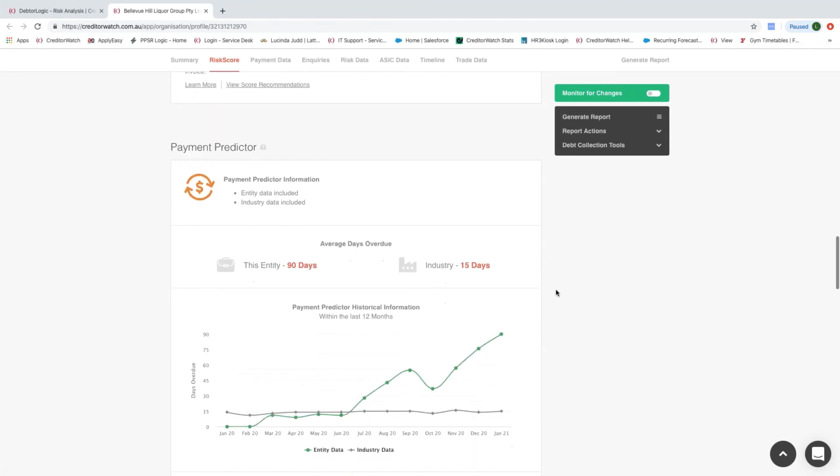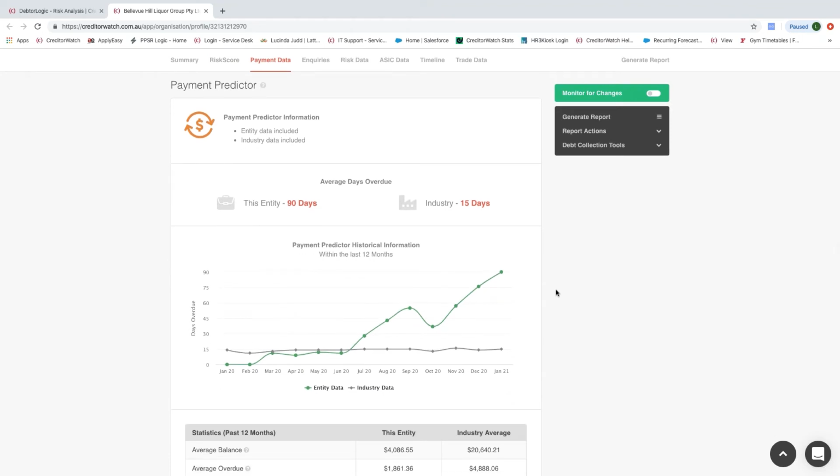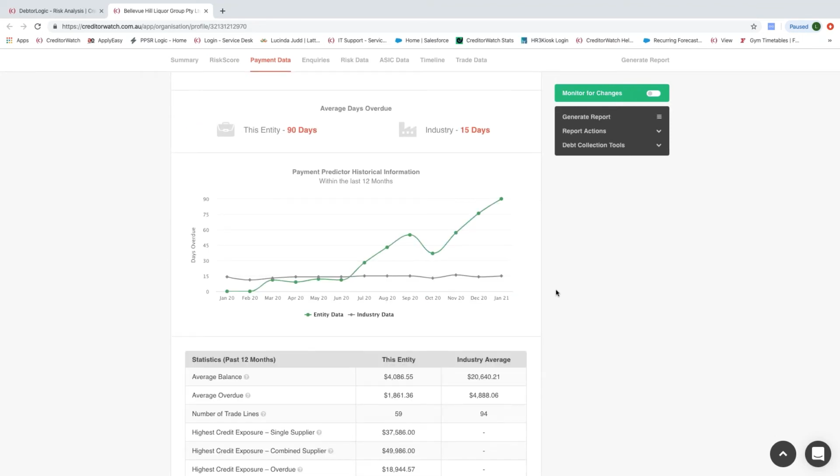And this is also a really good example of payment predictor information. Based on this graph and all of the data we're getting from our corporate users and their ATBs, as well as the MYOB and Xero integrations, we can see that this particular entity has completely blown out from the industry average, which is sitting at about 15 days, whereas this green line, this entity, has completely blown out in June.